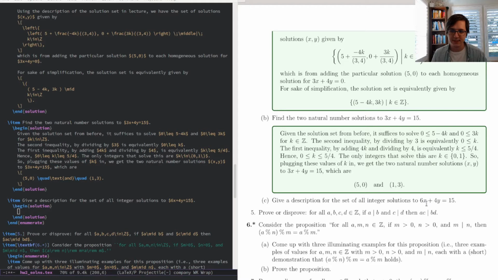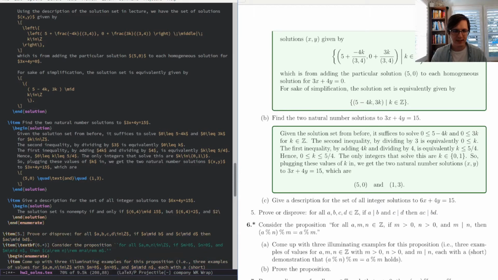Okay, last problem for 4. So find all the solutions to this. So let's just check. Solutions exist, or the solution set is non-empty, if and only if the GCD of 6 and 4 divides 15, but for 6 and 4, the GCD is 2.